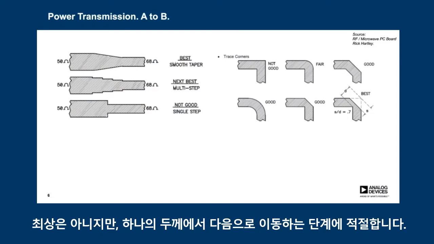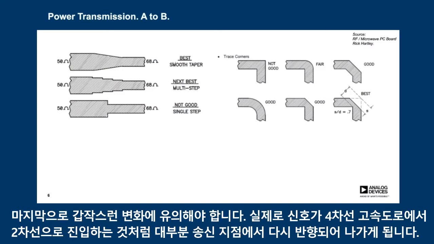Not as good as that, but reasonably okay, is one where we have steps going from one thickness to the next, and then finally, not recommended is an abrupt change. What will happen is signals will actually begin to bounce back at the transmission point, almost as if this was a 4-lane motorway going into a 2-lane motorway.